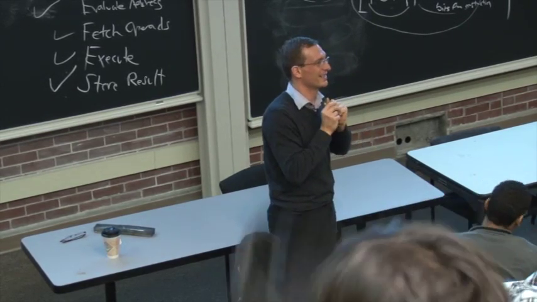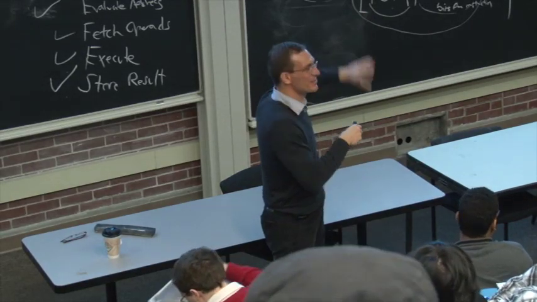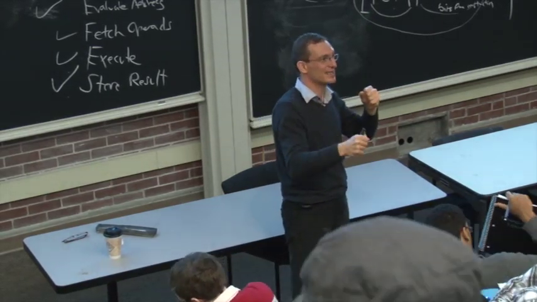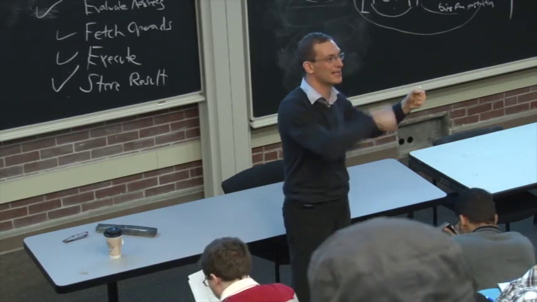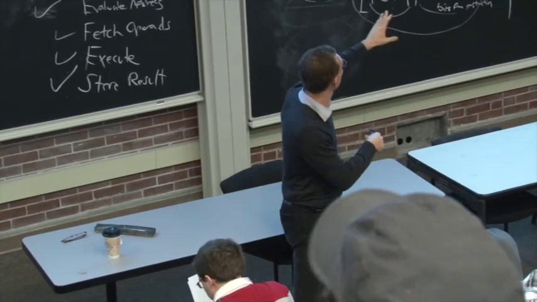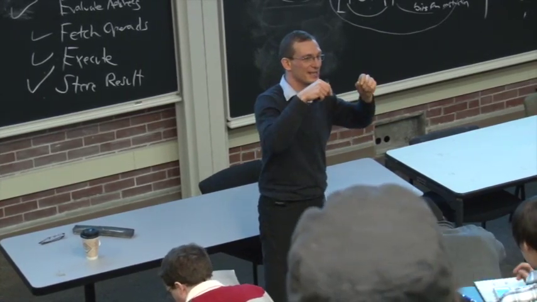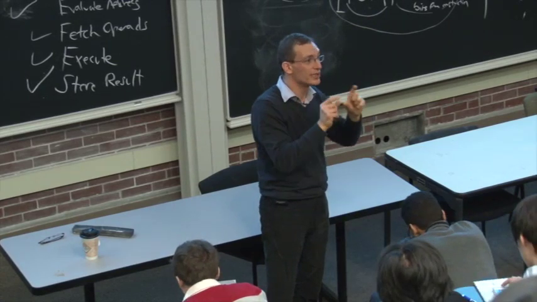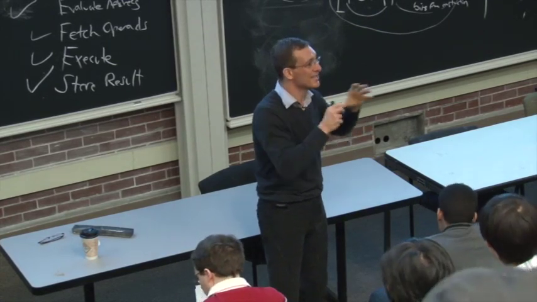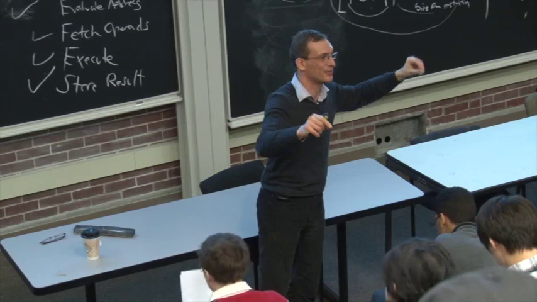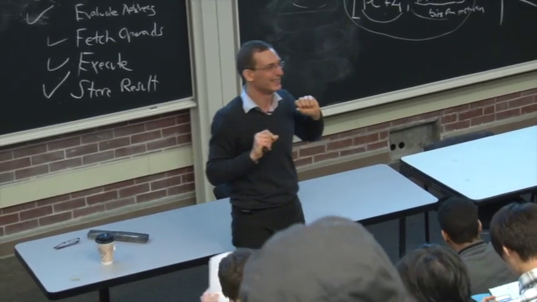So a Mealy machine is a machine where the output is a function of the input as well as the state itself, whereas a Moore machine is a machine where the output is only determined by the state, which means that a Moore machine actually has more states if you want to implement the same functionality.